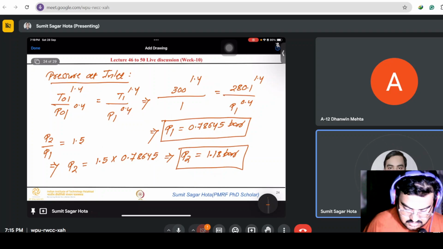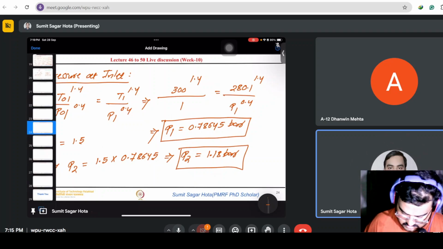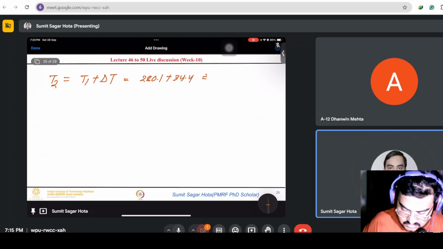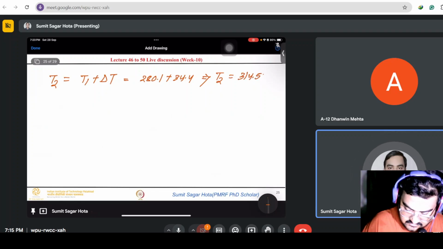Now we have P2. Then we find T2 is equal to T1 plus delta T, which is 280.1 plus 34.4, so T2 is equal to 314.5 Kelvin.